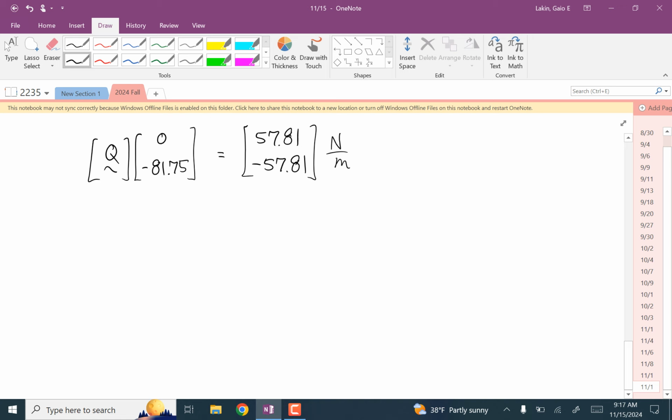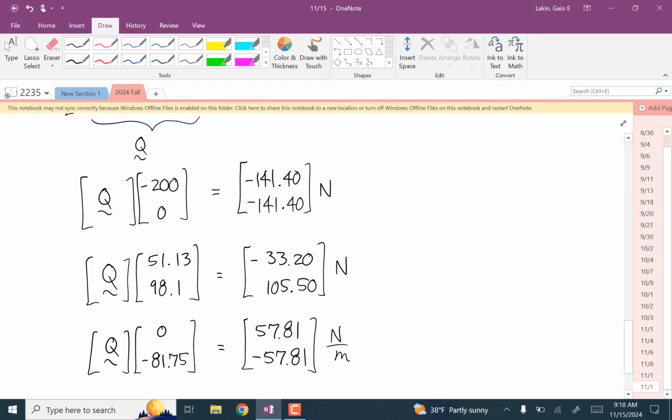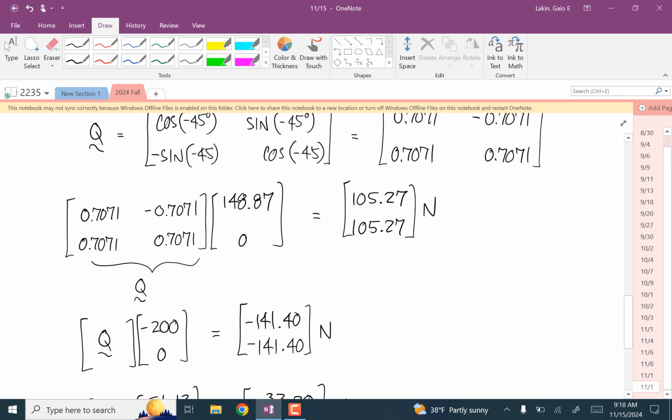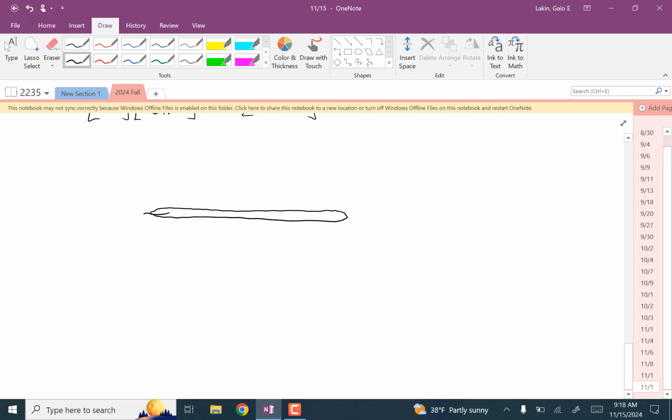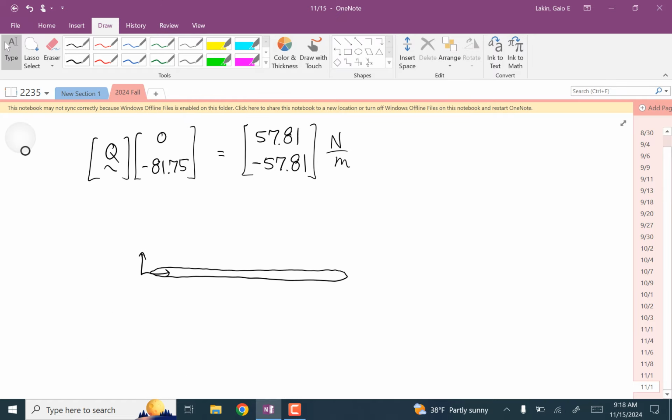Okay, so now I'm going to redraw this free body diagram. On the left endpoint, we have a force vector of 105.27, 105.27.